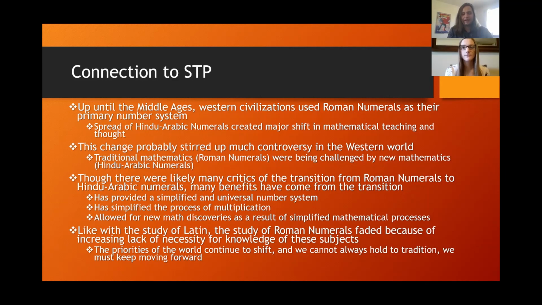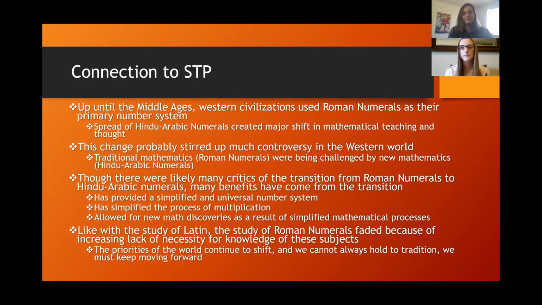Similar to the study of Latin, the study of Roman numerals faded because of increasing lack of necessity for knowledge in that subject. When universities were developed initially, they were taught completely in Latin, and students who went to universities needed to know Latin in order to get higher education.